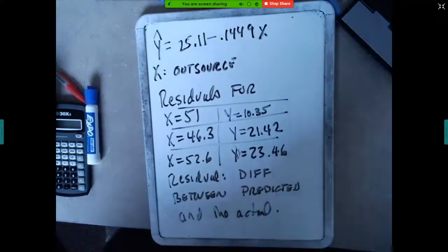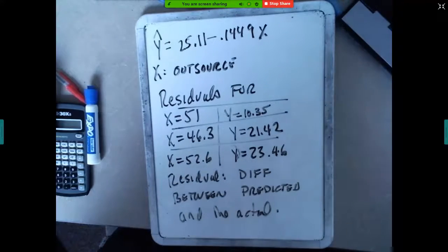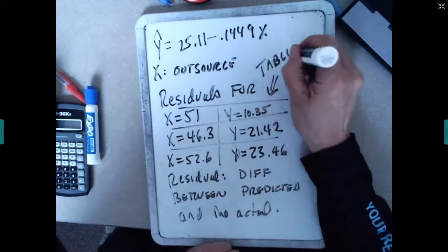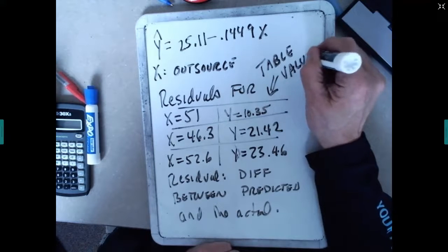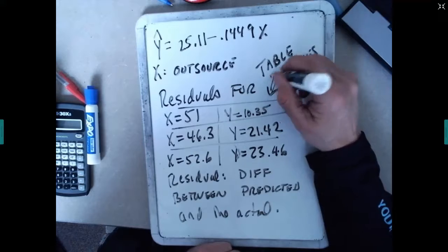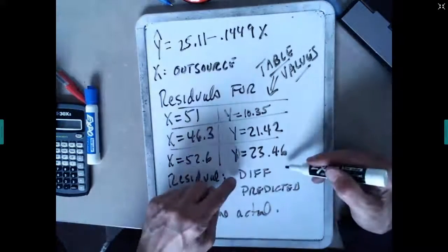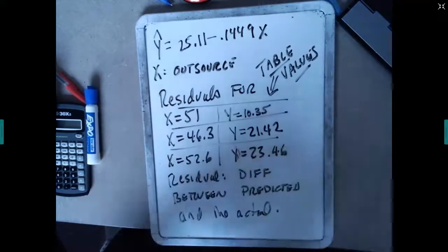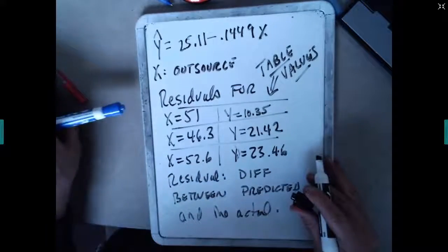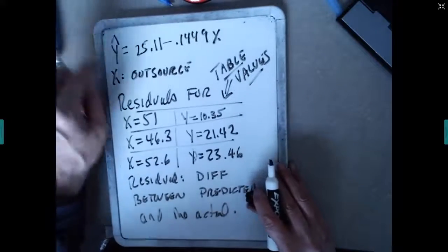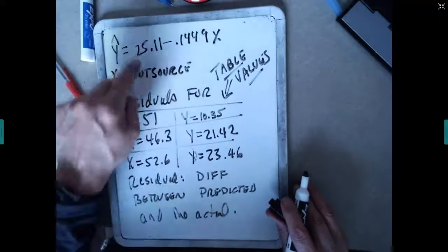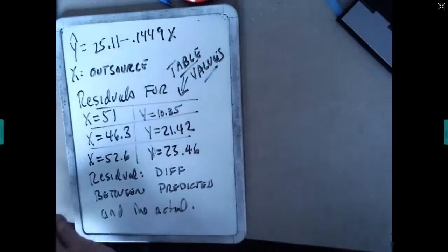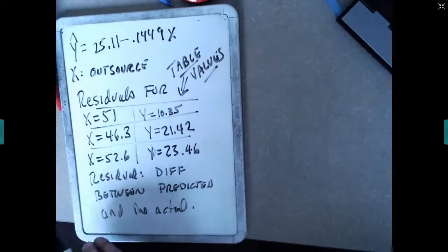These are the actual table values right here. This is what you read off the table. This is your actual data. They're paired together, like so. To figure out what the residuals are, you see the difference between the actual and this formula here. So let's go ahead and do that.